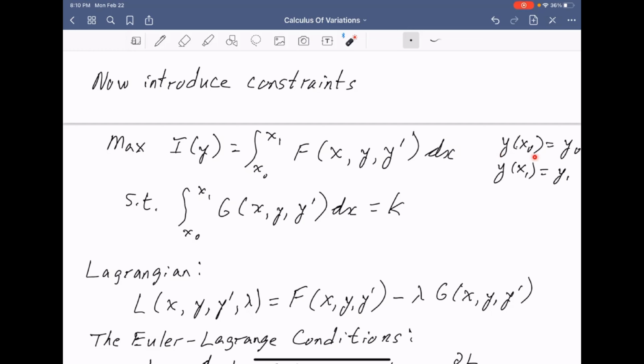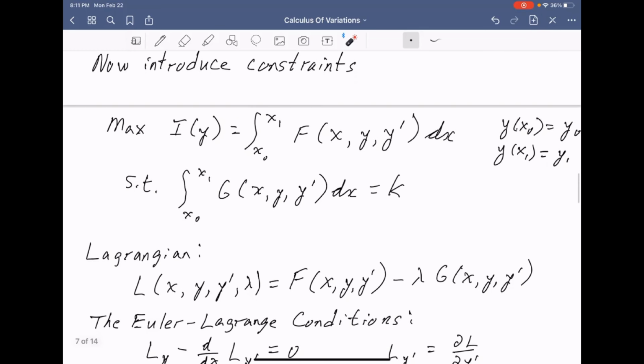And we have the initial condition that y of x0 is y0, and the terminal condition that y of x1 equals y1. And we want to add this constraint, subject to the constraint that the integral over x0 to x1 of g, as a function of x, y, and y prime, with respect to dx, is equal to k.